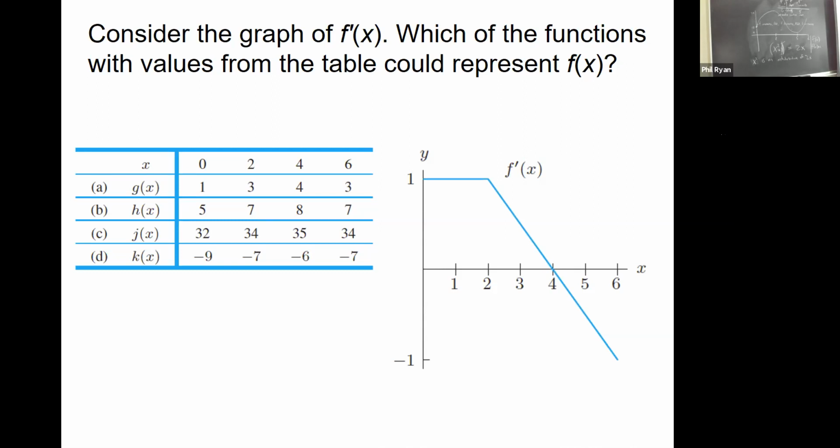What's it going to go up by between 2 and 4? No, I mean, it's a triangle. What's the area of this triangle? 1. Okay, what's the area of this triangle? 1, but it's below the x-axis, so it's -1. So we're looking for a change of 2, 1, -1. And with that information, go back and tell me which functions work.